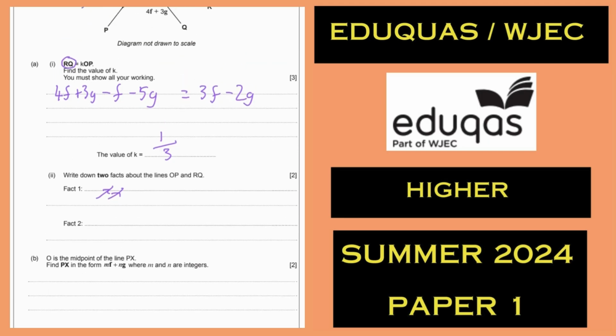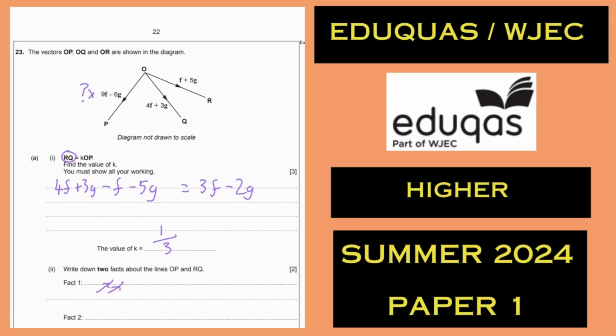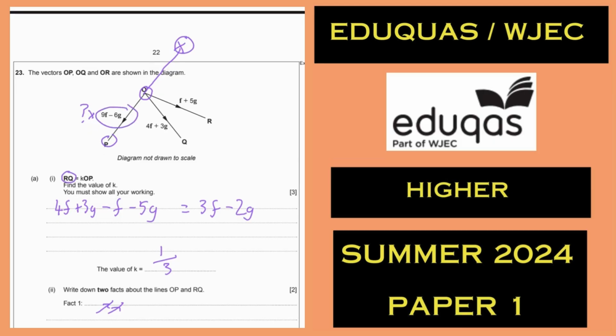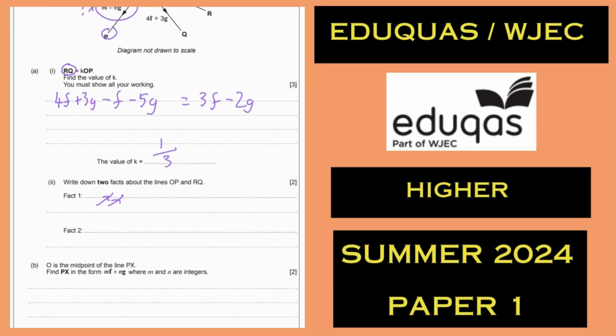Next, O is the midpoint, which if I just scroll it down, if O is the midpoint, there must be something else, and that's what we're talking. So the idea is to go from here to here, we need to reverse this arrow and double it.